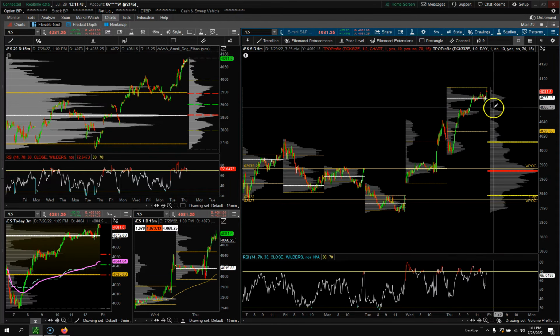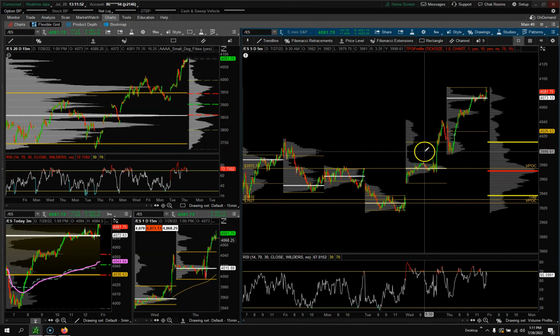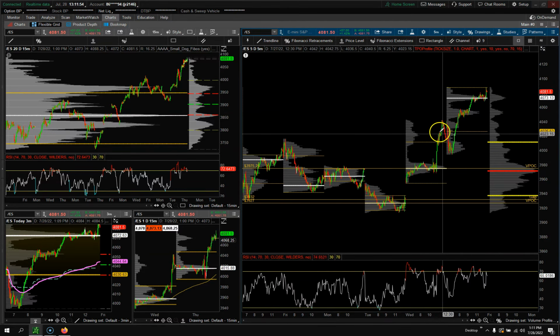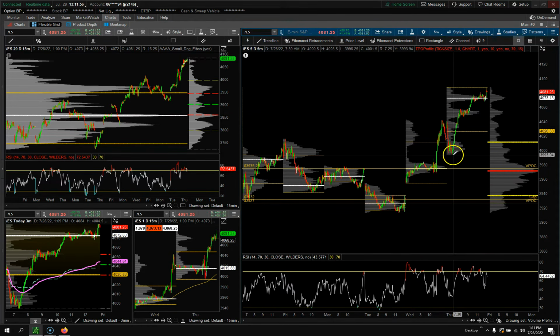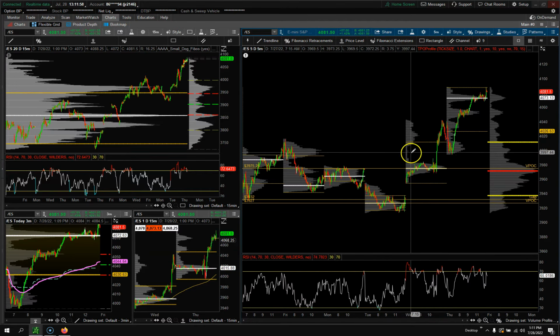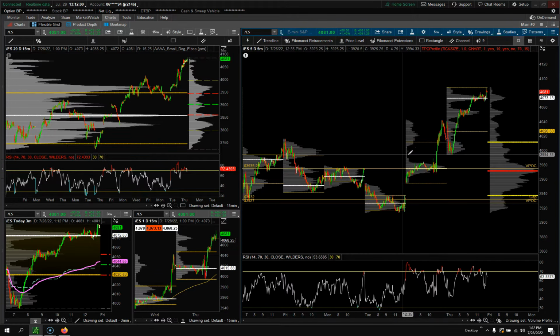Now, as price falls, we can see this over here. Look at where we pulled back to. We pulled back into a low volume node right here. But then look at this. This was this day's value area high, right?